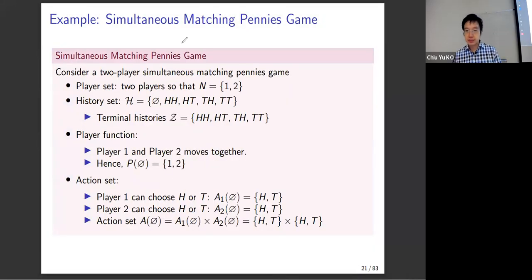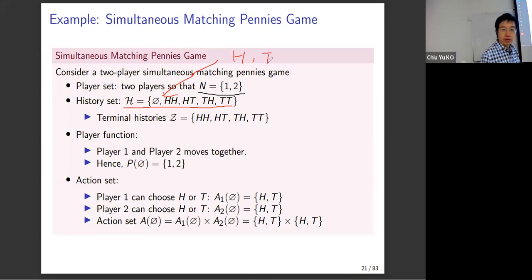What we have is 2 players, okay? And the history is again the same, right? But do note that, different from the previous case, there is no history of H and T. Why? Because they move at the same time.